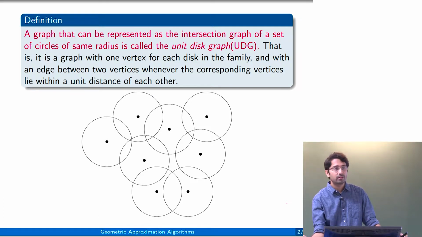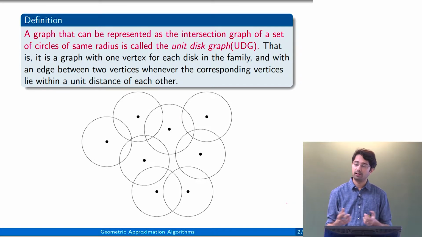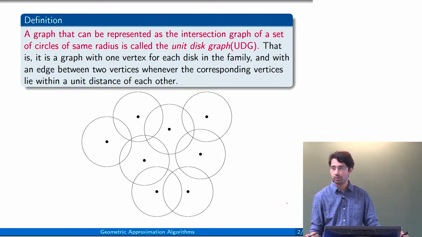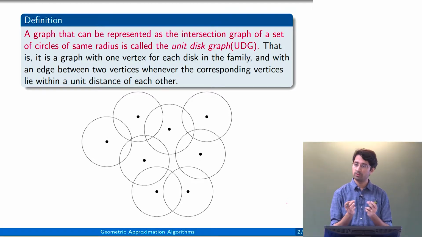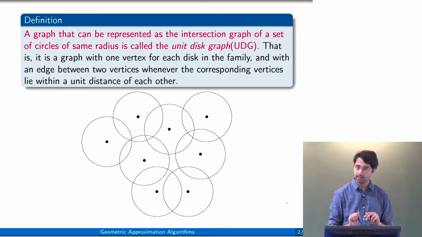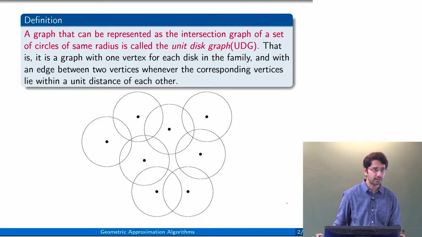The vertices are the centers of the unit disks that are given, and there will be an edge between two unit disks if the distance between their centers is less than or equal to 1, or in other words, if they intersect.